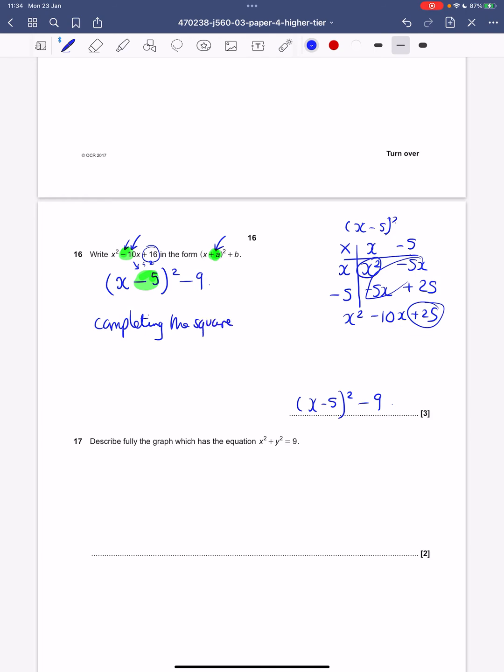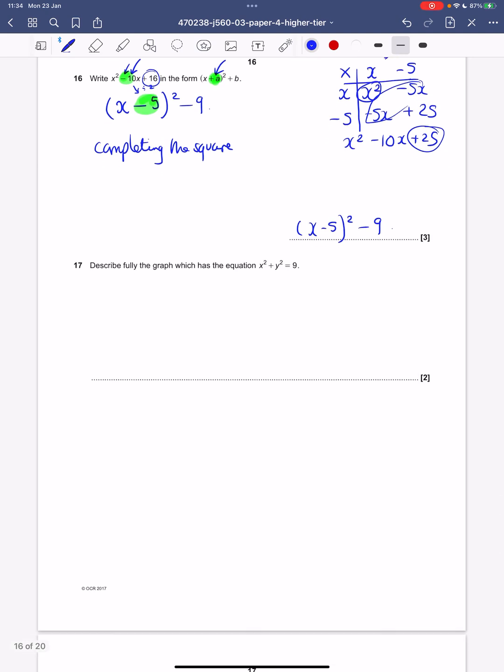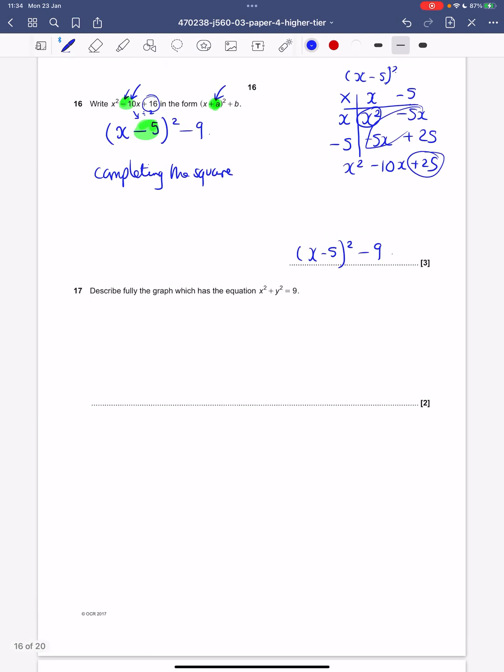Boom, boom. Describe fully the graph which has the equation x squared plus y squared equals 9. Well, a circle always has equation x squared plus y squared equals r squared, and the circle is at centre 0, 0.